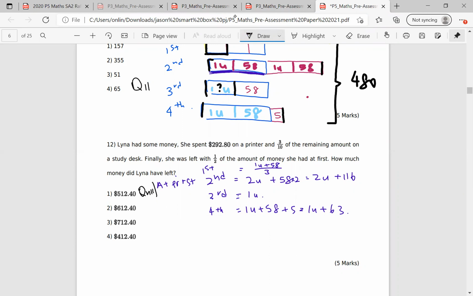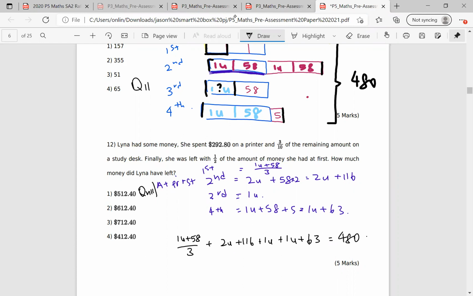So we have the first one equal to 1 unit plus 58 over 3, and then plus 2 units plus 116, plus 1 unit, and then plus 1 unit plus 63. This whole thing then is equal to 480.